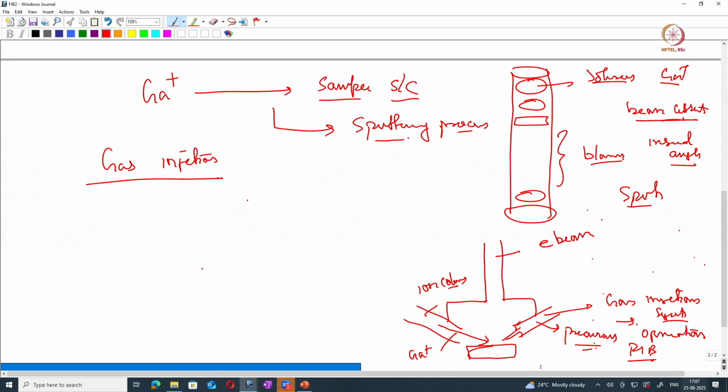So why these precursors? These gas injectors, or the gas injection system, we call it a GIS. It usually introduces reactive neutral gases onto the sample surface.